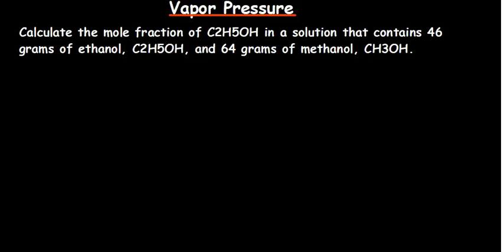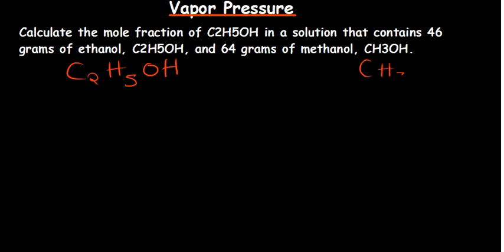Okay, so calculate the mole fraction of that. This is just like an intro. It's not dealing with vapor pressure, but we need to understand how we can handle the mole fraction in a simple and faster way. So we've been given C2H5OH, in a solution that contains 46 grams of ethanol and 64 grams of methanol.